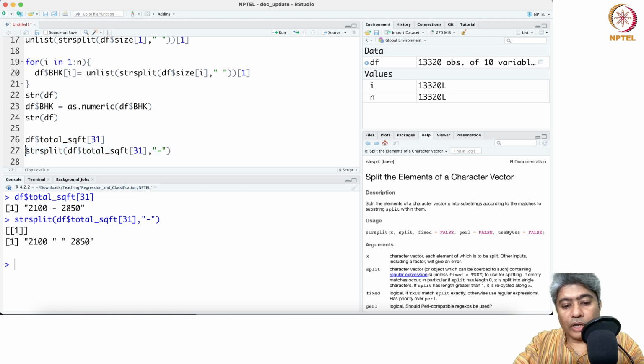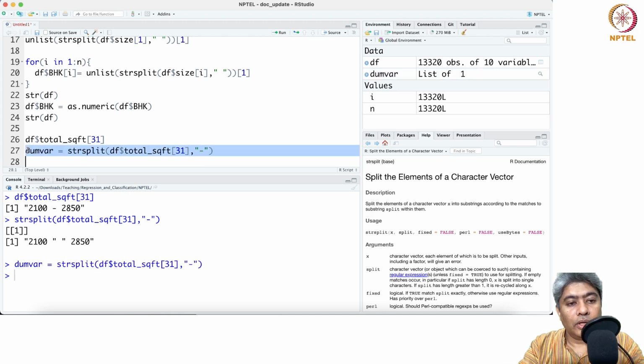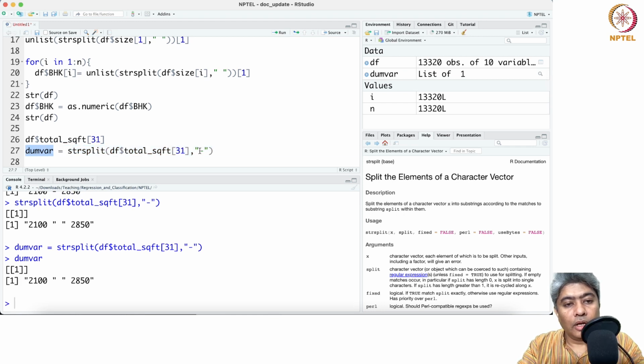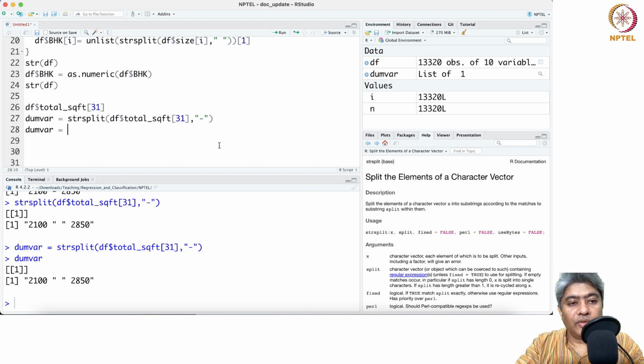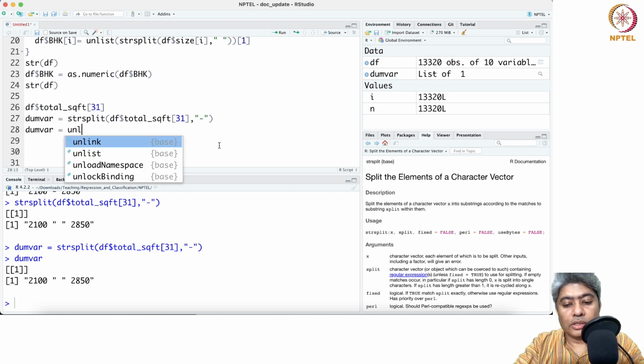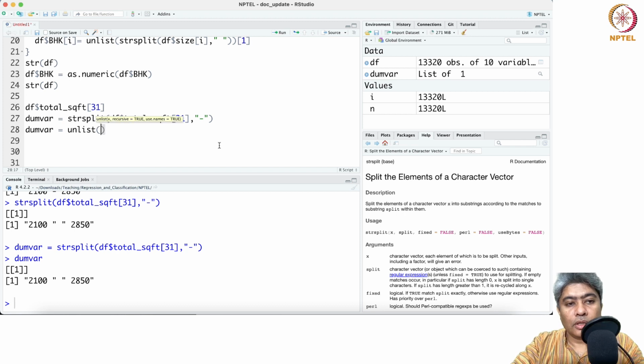So let us put it in some dummy variable, and then first unlist the dummy variable.